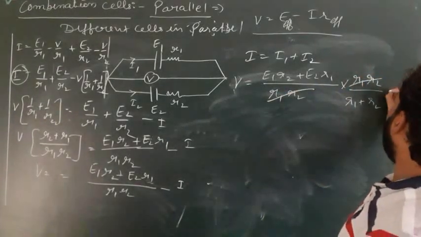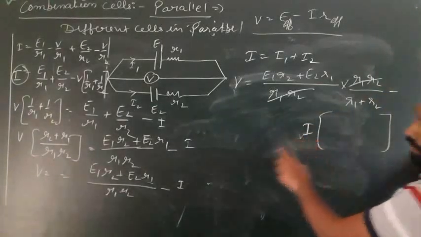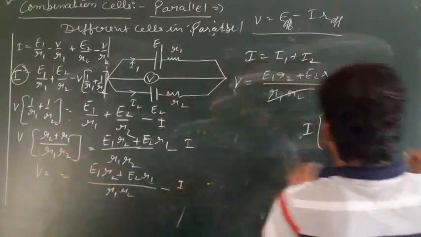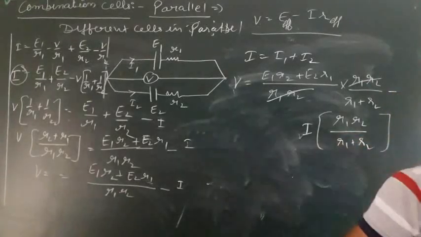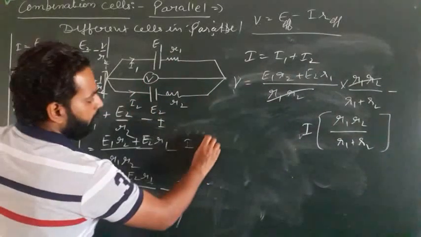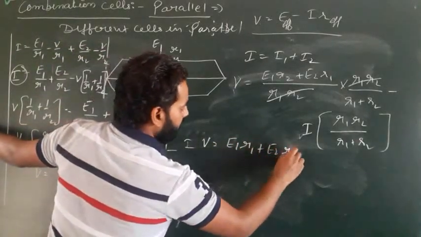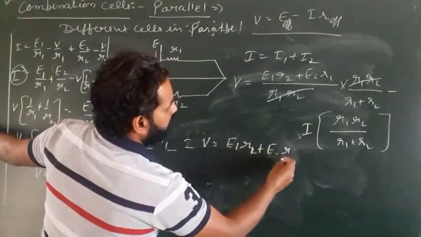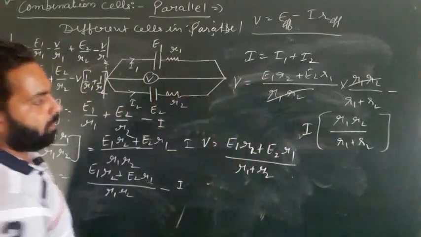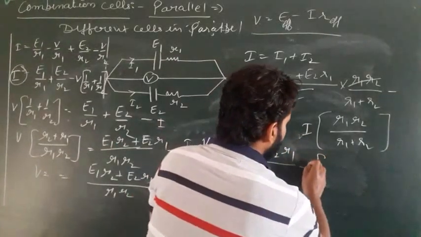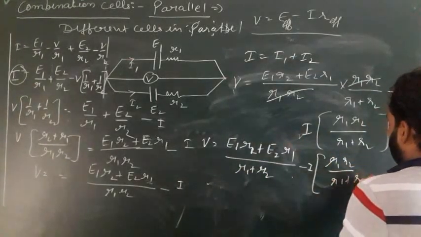Now here is minus I. With that I, again this whole term is also divided by this, so here it comes out to be R1 R2 divided by R1 plus R2. So at the end V comes out to be (E1 R2 plus E2 R1) divided by R1 plus R2, minus I into R1 R2 divided by R1 plus R2.